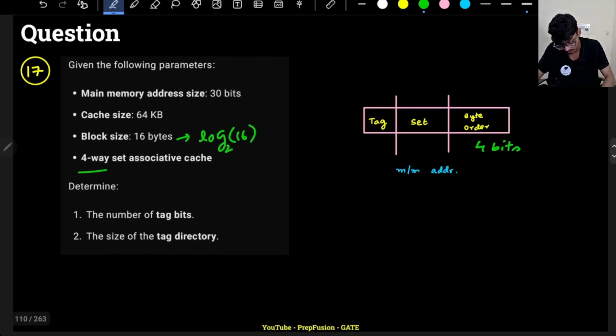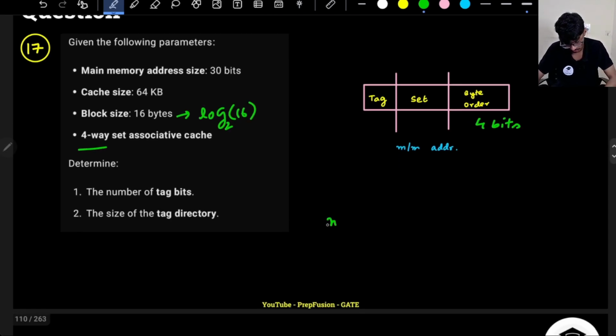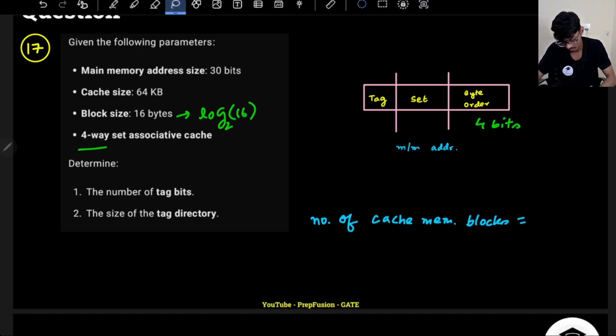So first of all, I have to find out the number of cache memory blocks. Number of cache memory blocks will be equal to the total cache memory size divided by the block size.